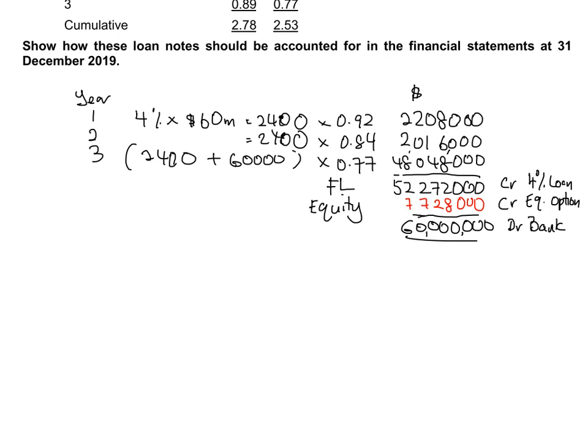In my SFP, I have a non-current liability, which is the 4% convertible loan note. Which one should I take? 54,576. This is the first year. The equity option is under reserves, equity, correct?